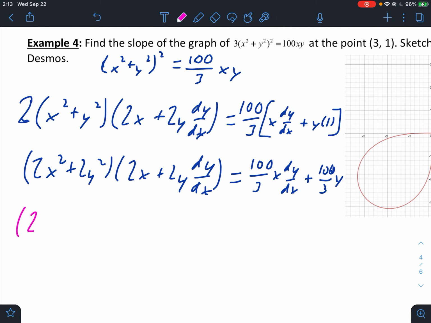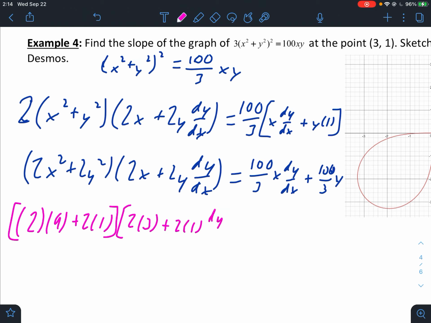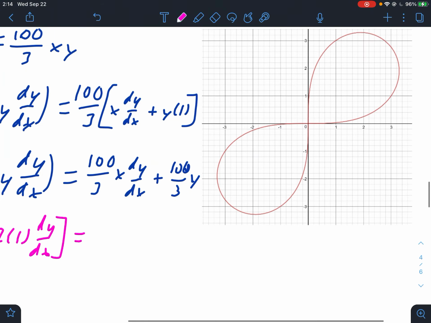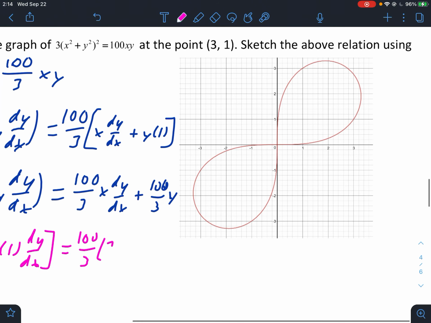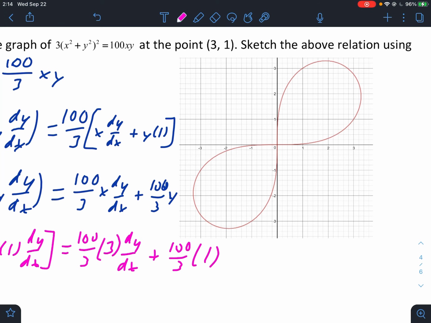So we would get 2 times 9 plus 2 times 1 times 2 times 3 plus 2 times 1 dy dx equals 100 over 3 times 3 dy dx plus 100 over 3 times 1.